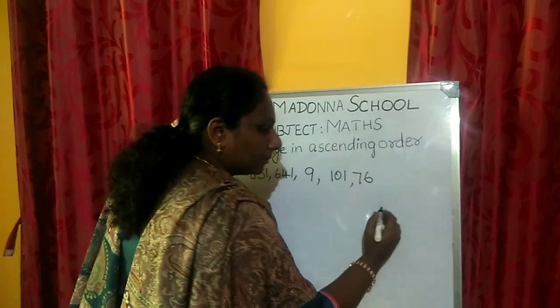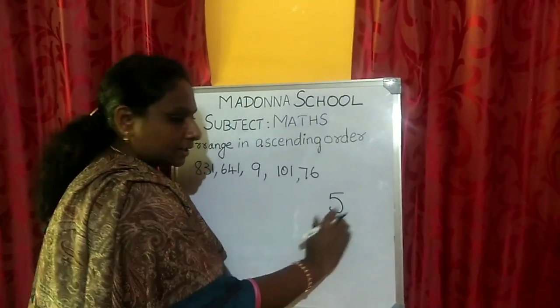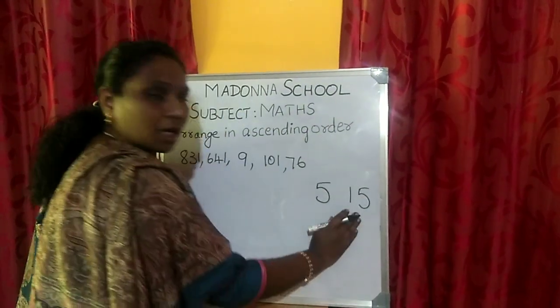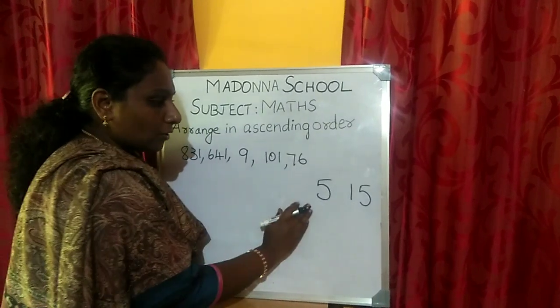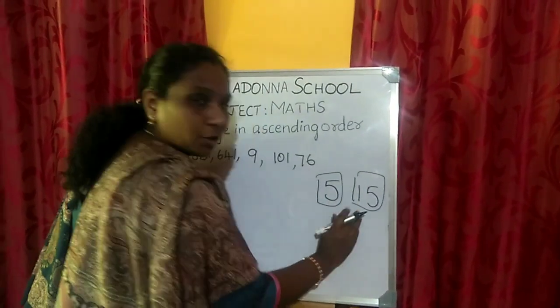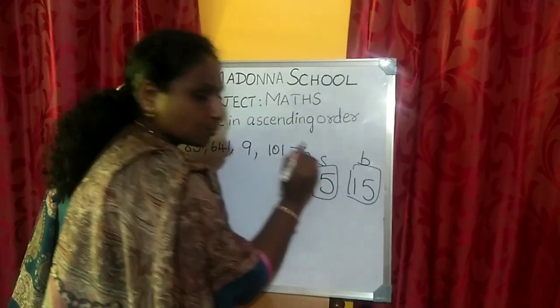For example, 5 is a single digit number and 15 is a 2-digit number. A single digit number is always smaller than a 2-digit number. So 15 is bigger and 5 is smaller.